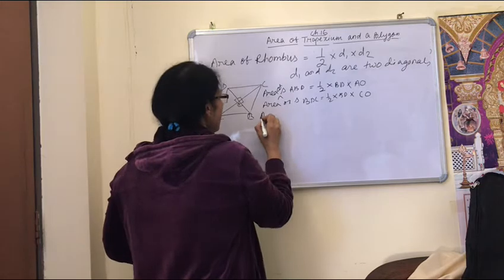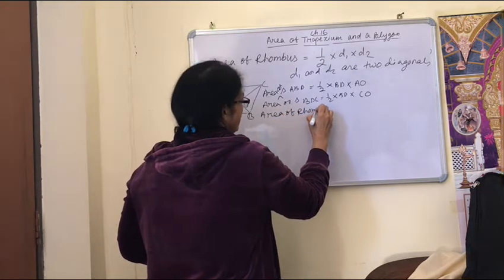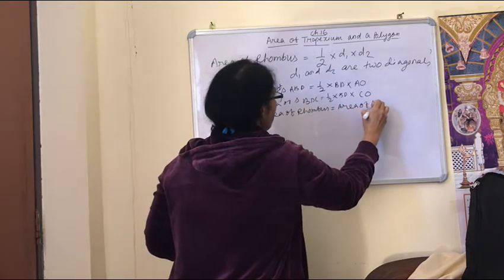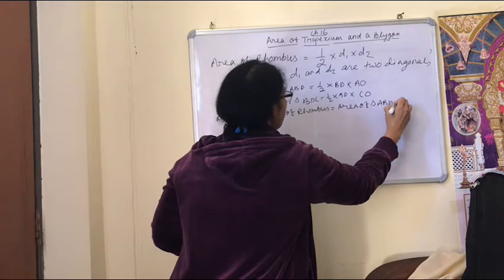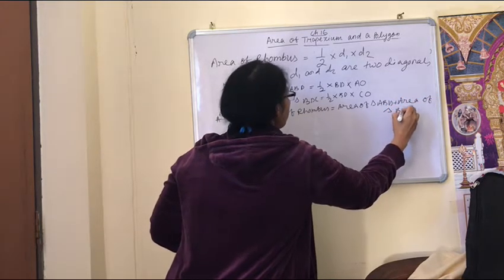So area of rhombus is equal to area of triangle ABD plus area of triangle BDC.